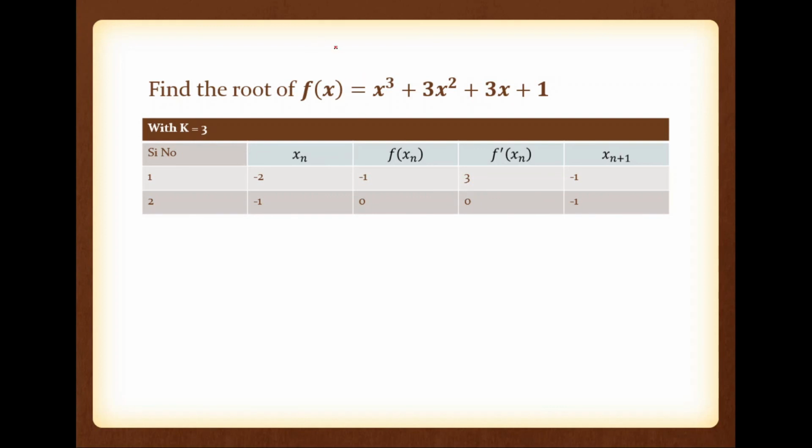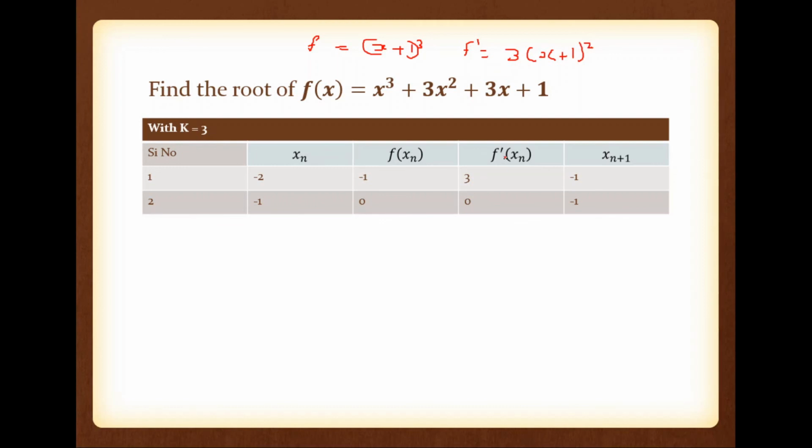Because I told you this f of x is equal to x plus 1 all cube, right? So what is its derivative? If you are taking the derivative of this term, this is 3x square plus 6x plus 3. But what about if you are taking the derivative of this one? F dash is equal to 3 times x plus 1 the whole square, right?